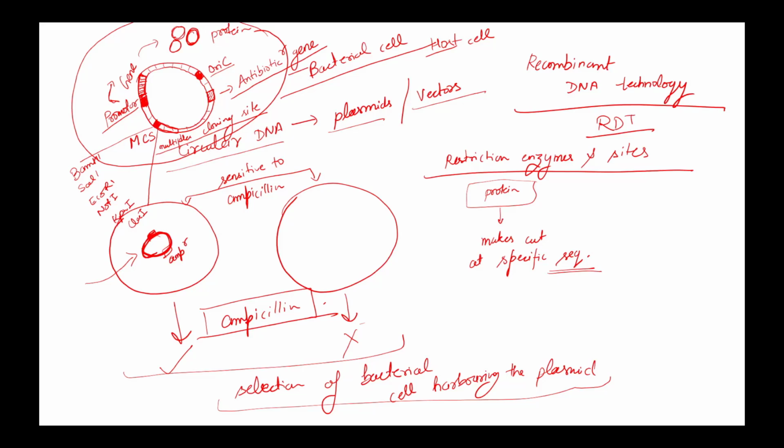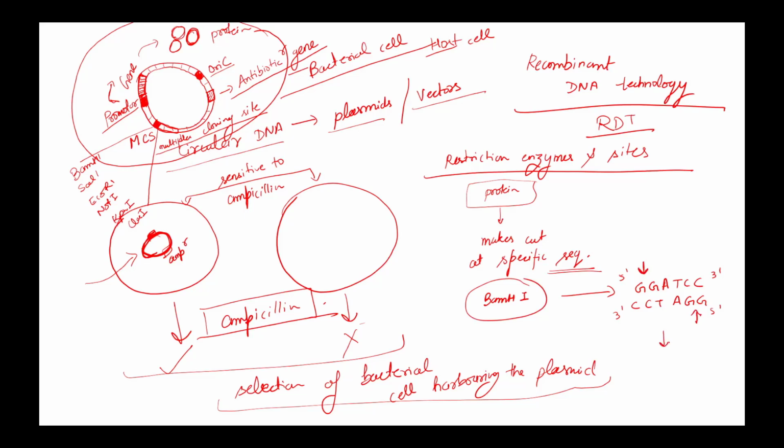As we have different restriction enzymes, we have different restriction sites. Suppose BamH1 is a restriction enzyme, and the restriction site which it recognizes is this. Restriction sites are generally 6 to 8 base pairs long double stranded DNA sequences. These enzymes recognize these sites specifically and make a cut.